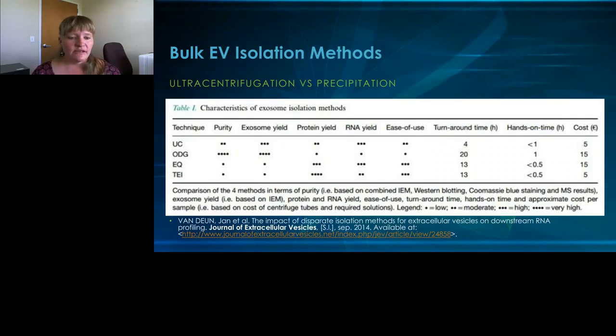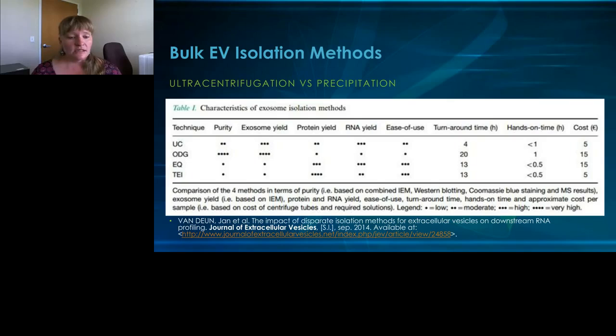The researchers at Van Duyn in September 2014 analyzed the effectiveness of the ultracentrifugation bulk methods versus precipitation. They compared 4 methods: ultracentrifugation, ultracentrifugation with density gradient, and the 2 precipitation methods, the total exosome isolation and ExoQuick.